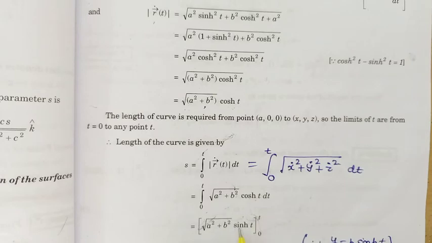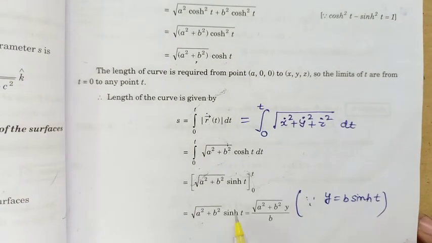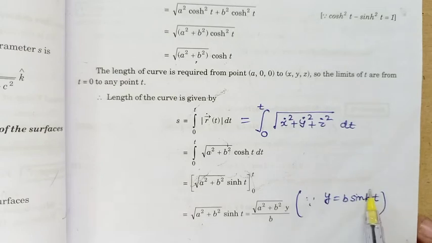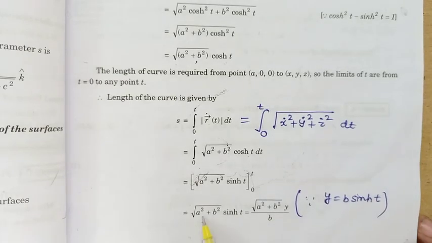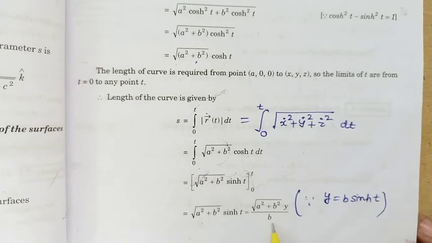Substituting the limits here, we get s is equal to under root a squared plus b squared into hyperbolic sin t. Now because y is b into hyperbolic sin t, hyperbolic sin t will become y upon b. Putting the value here, s is equal to under root a squared plus b squared into y upon b. So this is the length of the curve.